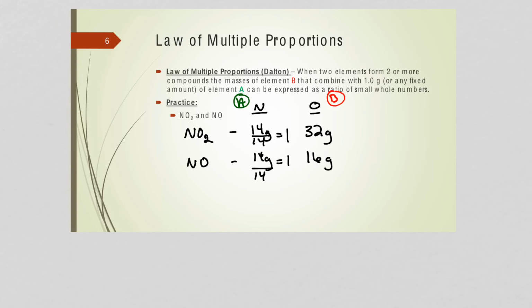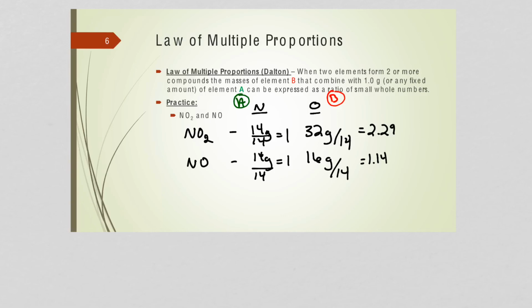Now let's divide both of our masses of oxygen by 14. If we do this, 32 divided by 14, we get 2.29. And if I take 16 divided by 14, I get 1.14.